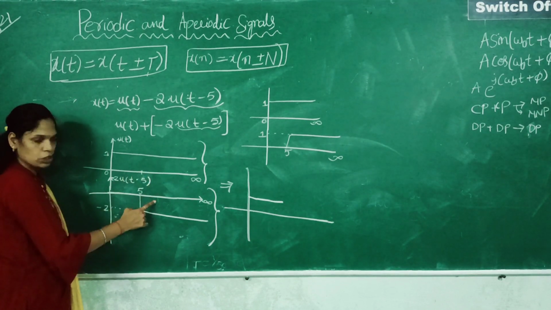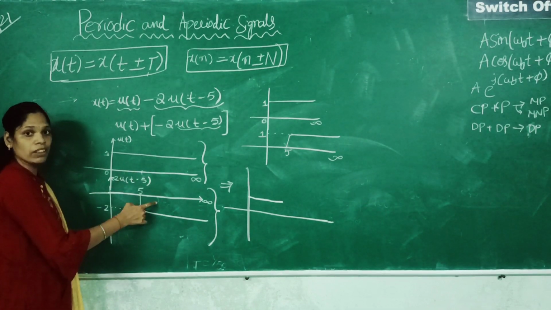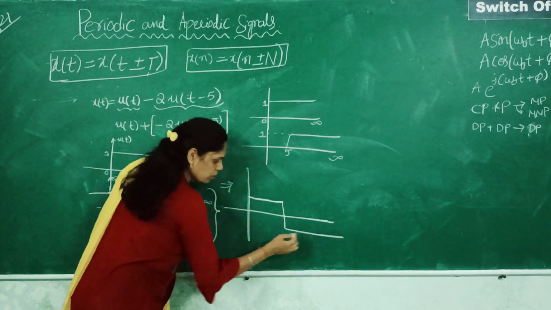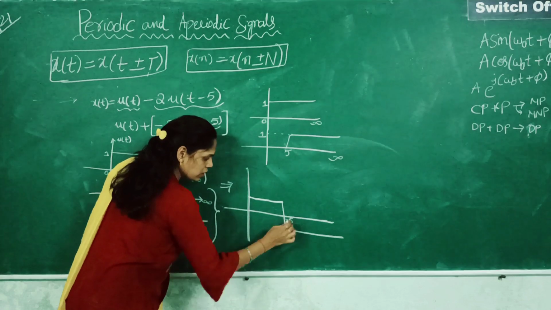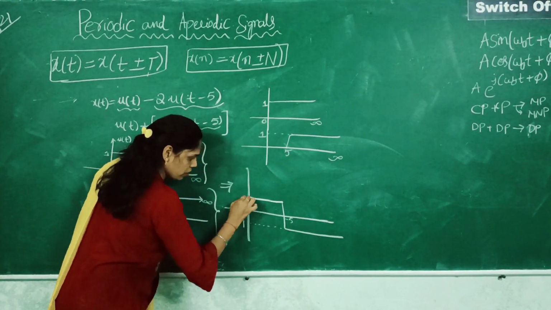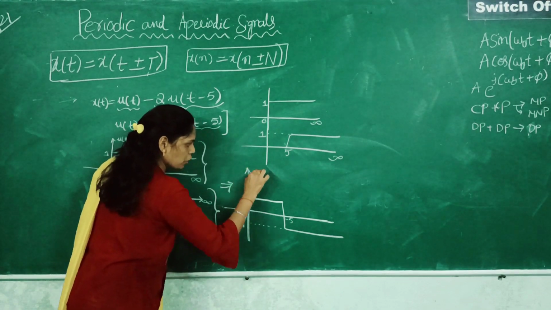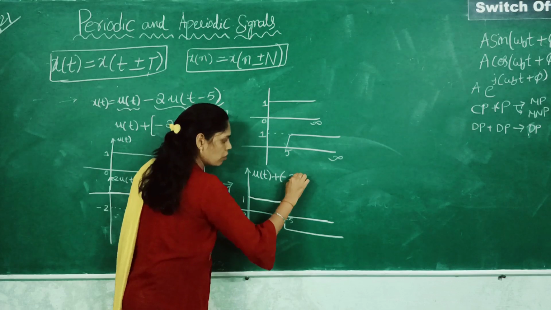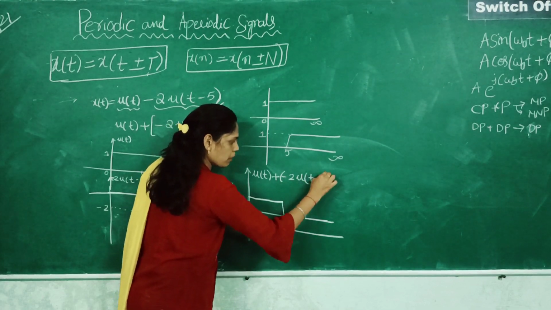So 1 minus 2 is minus 1. So after 5, you get the value minus 1. This is u of t plus minus 2u of t minus 5.